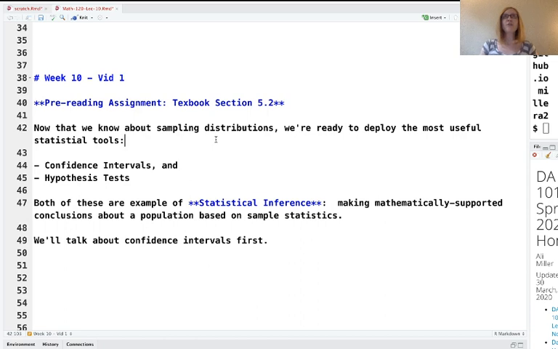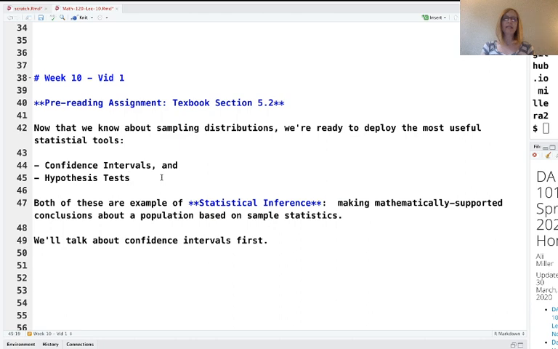Really, what we're going to do for the rest of the semester is the most important stuff that you're going to learn in this class. If you go out into the world and ever do any statistical analysis, almost certainly that's going to be in the form of either a confidence interval, which we're going to do today, or a hypothesis test, which we'll talk about next week.